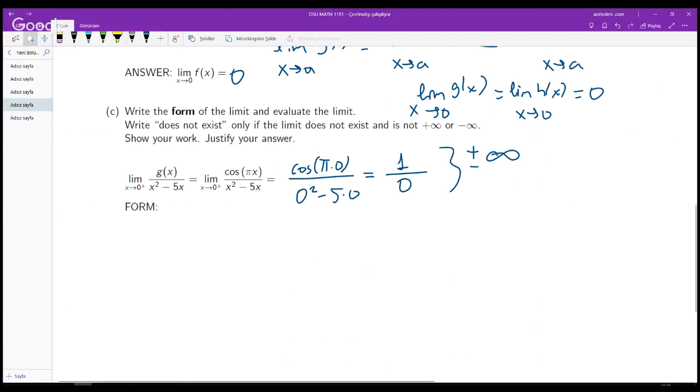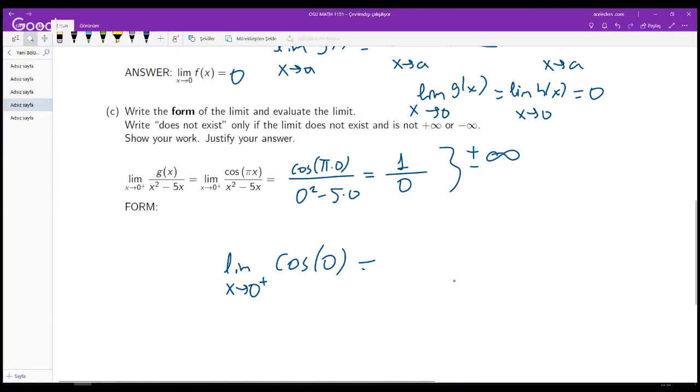I just need to find whether they are positive or negative. First, cosine 0. What is cosine as x approaches 0, but right-handed? So x is very small but positive now.